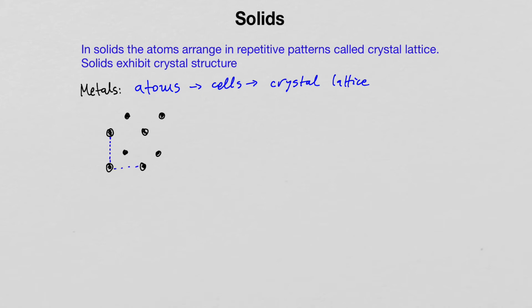The dotted lines represent the force interactions between the atoms. You can think of those force interactions as tiny springs that connect the atoms in this cell.